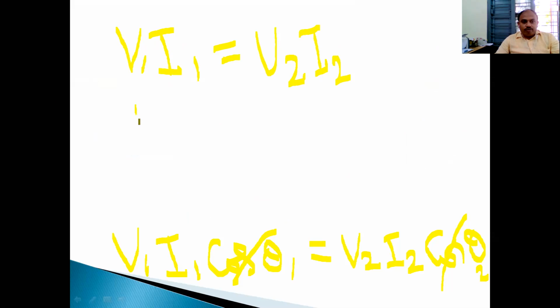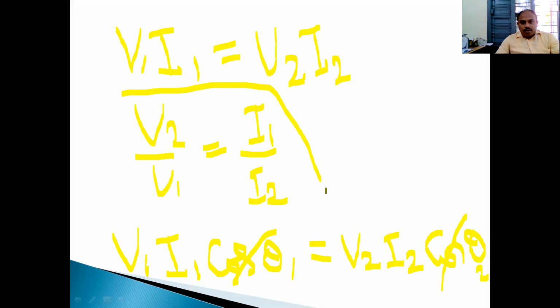From this, V2 by V1 equals I1 by I2. This is a very important relation in transformers: V2 by V1 equals I1 by I2.